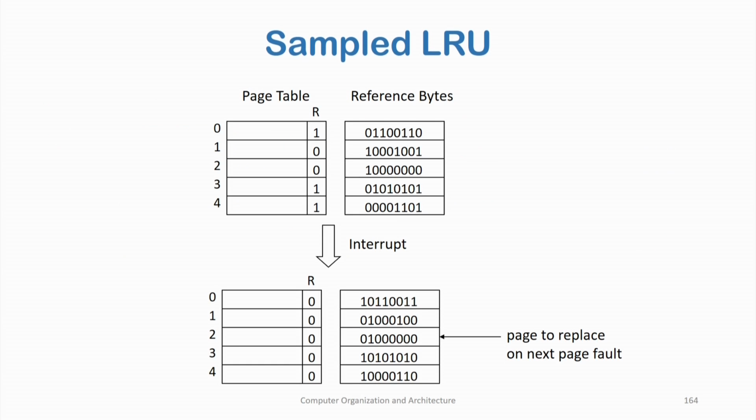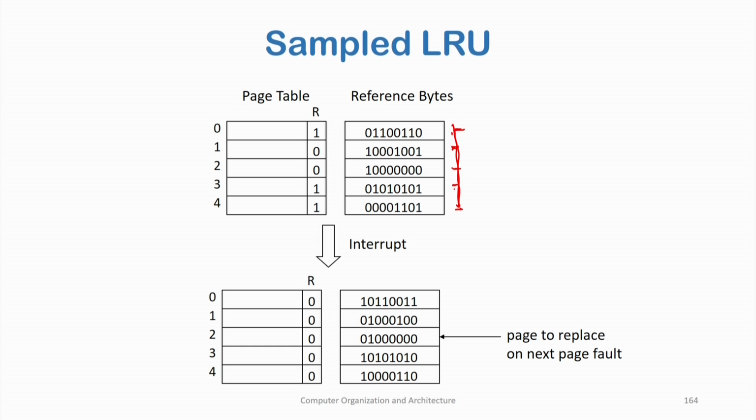So, how do I do this? We will take an example. Let us say this is the first byte of each page: page 0, page 1, page 2, page 3, page 4. These are the first bytes, and this is kept for reference bits. At a given point in time, let us say this is the value of the bytes, and in this epoch the reference bit values are this.